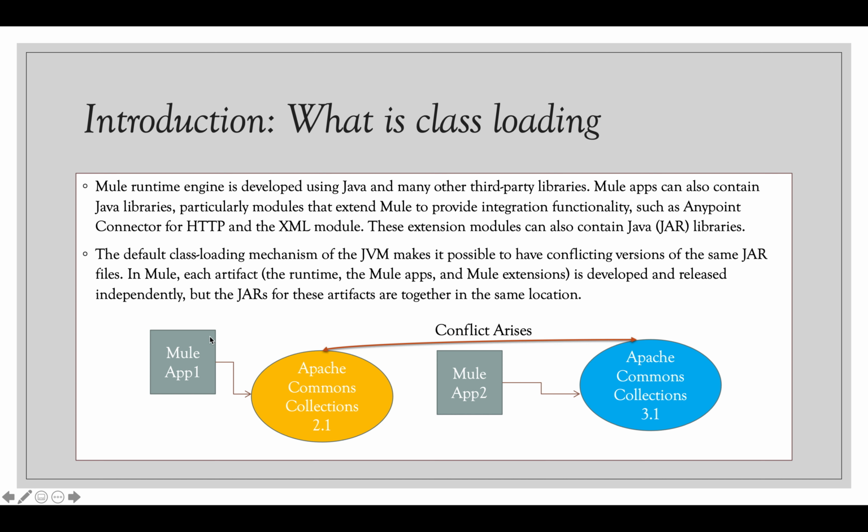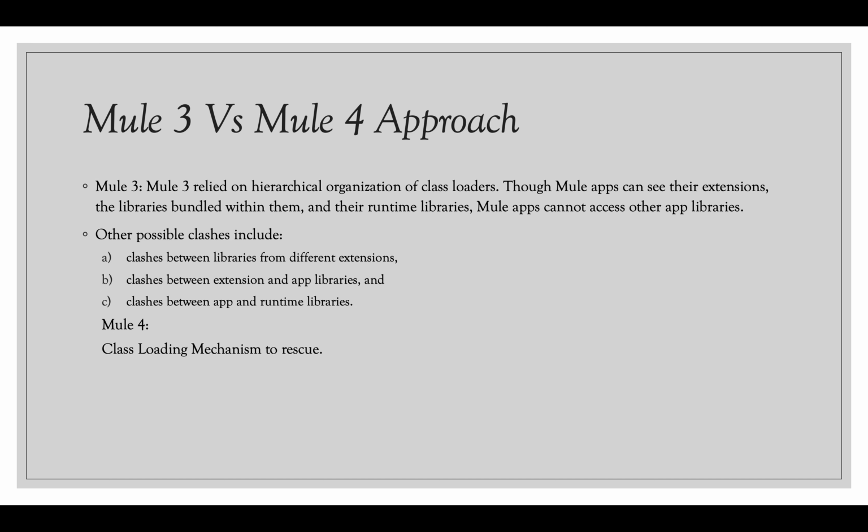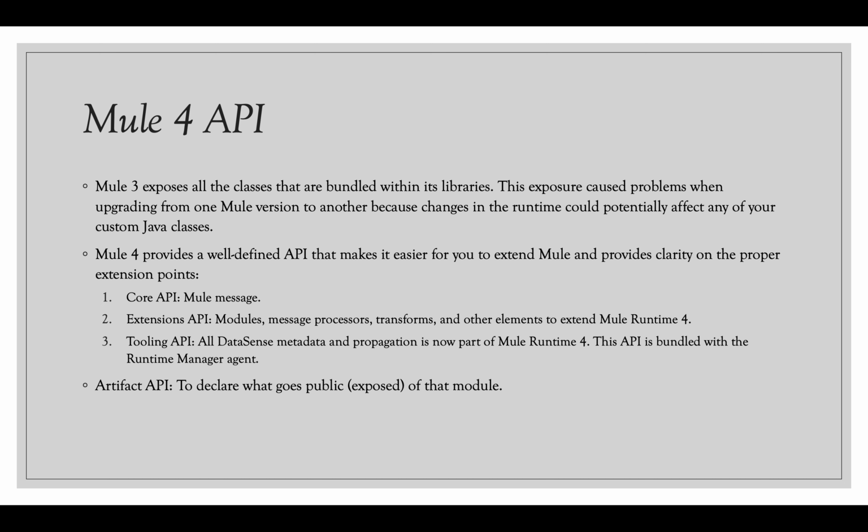Also within Mule app 1, there is a possibility we are having one more module, or you can say a connector, which is internally calling Apache Commons Collections 3.1. So within Mule app 1 as well, we can have multiple versions of the same jar file, resulting in a possible conflict. Now in Mule 4, there is a slight change in the class loading mechanism, which is trying to avoid all these possible clashes. Let's discuss more about it.